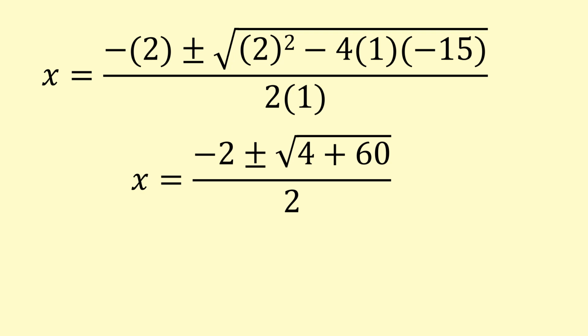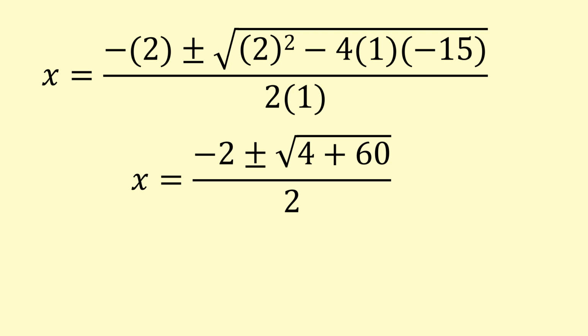And then the negative sign before the 4 times the negative sign before the 15 becomes plus. So we now have plus 60. I come again. Minus 4 times 1 is minus 4. Minus 4 times minus 15 becomes plus 60, because the minus sign times the minus sign will become plus, and then 4 times 15 is 60. And then the denominator, which is the value at the bottom, is 2 into 1, and 2 times 1 is 2.